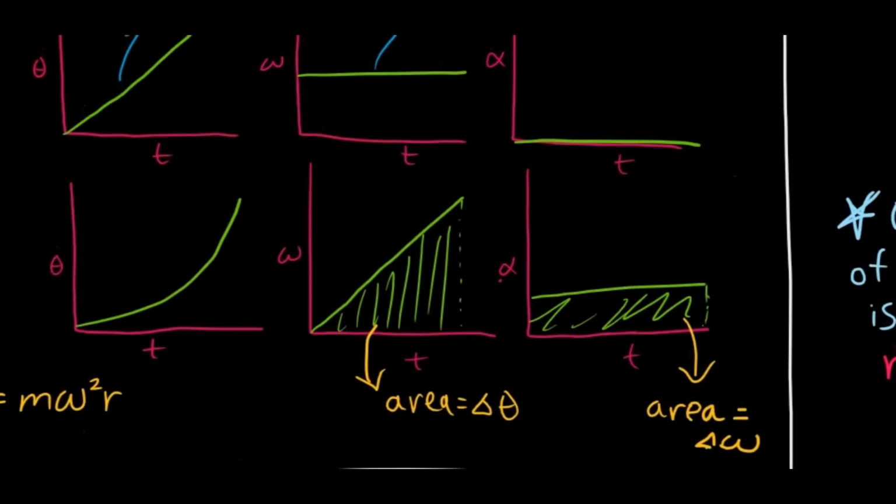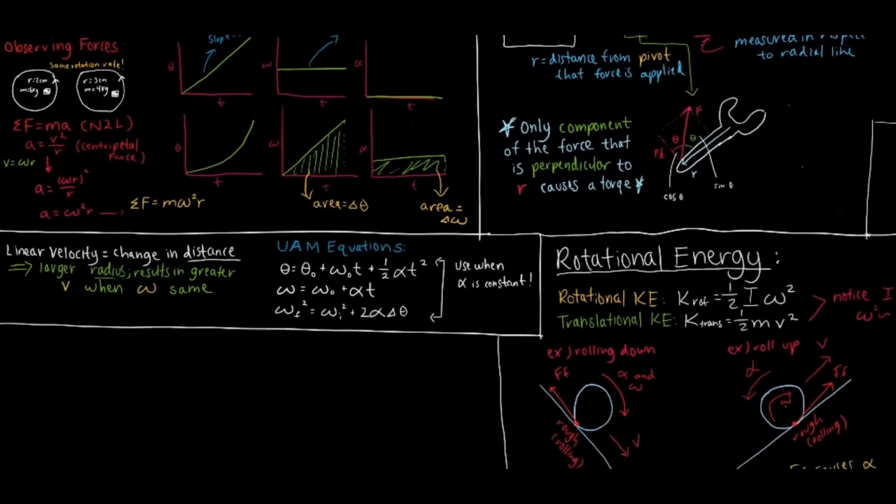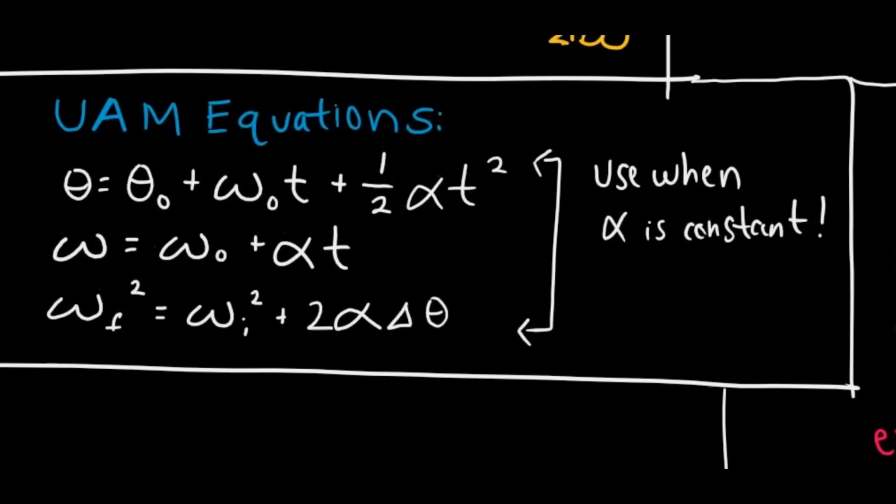And then as for the areas, the area under the angular acceleration over time is the change, that's very important, the change in angular velocity, and then the area under the angular velocity over time is the change in angular position.